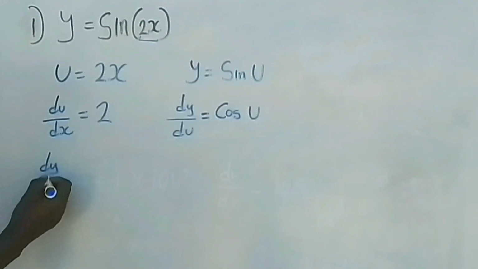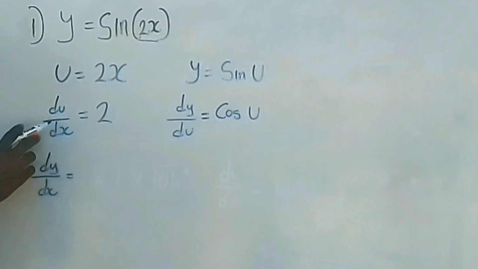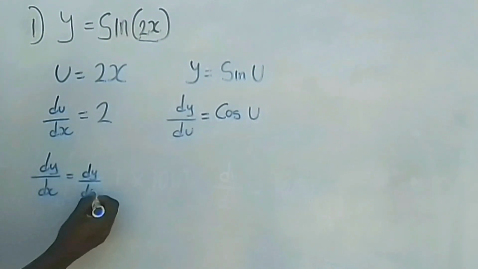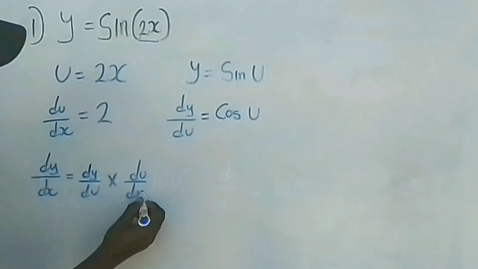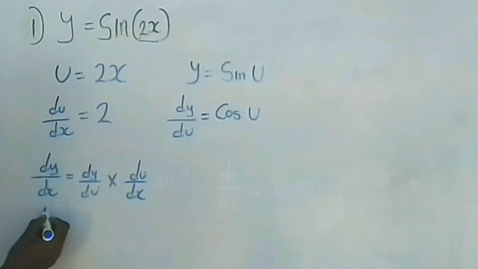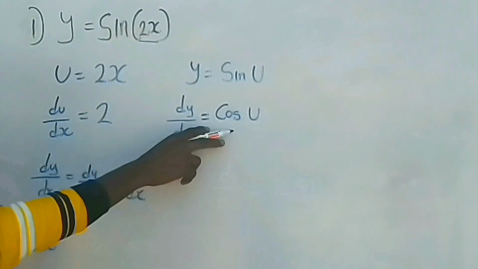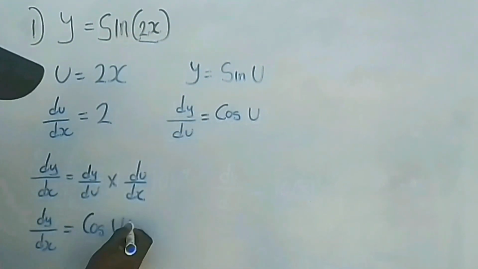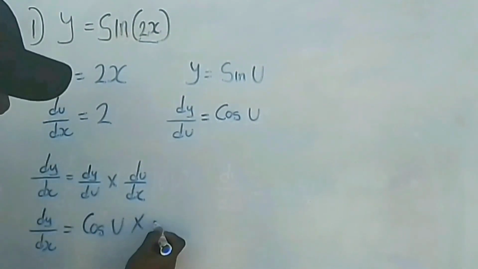The dy/dx is equals to dy/du multiplied by du/dx. So dy/dx is equals to dy/du, which is cos u. So I'm going to have cos u in this place, cos u multiplied by du/dx, that is 2.